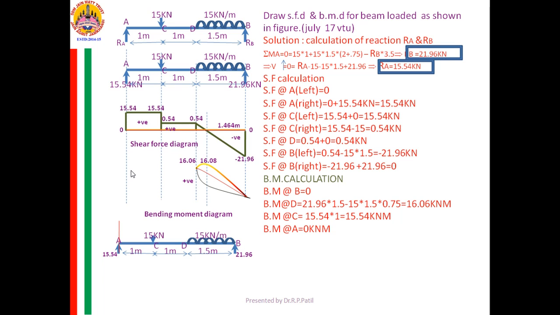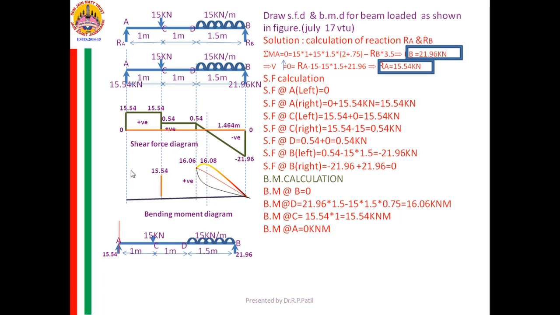Now to draw the BMD, again the same procedure you are adopting. First you are drawing the horizontal line, zero line. You are writing the BM values at different locations, whichever are known to you. BM at B is 0 and BM at C is plus 15.54.